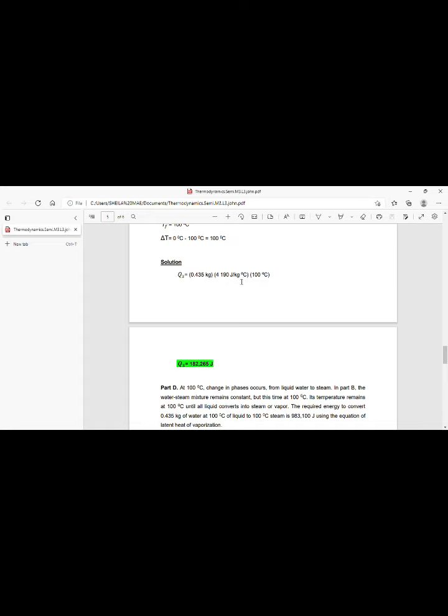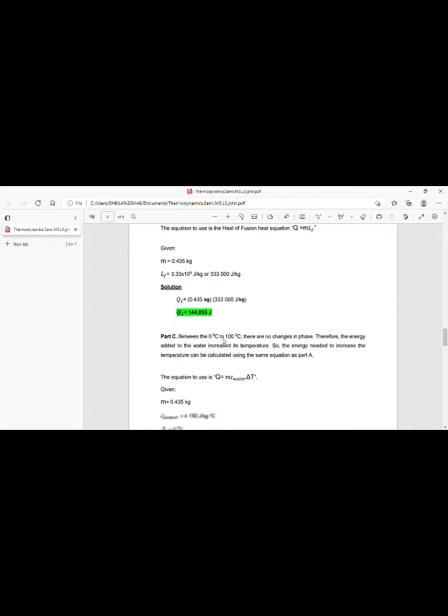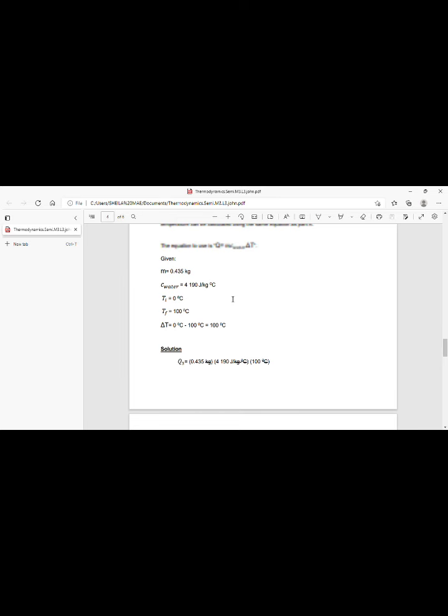Cancel out the unit so that joules will only remain for our unit in our heat energy. Same as in part B and part A. Cancel out the unit. Let's proceed to our part D.